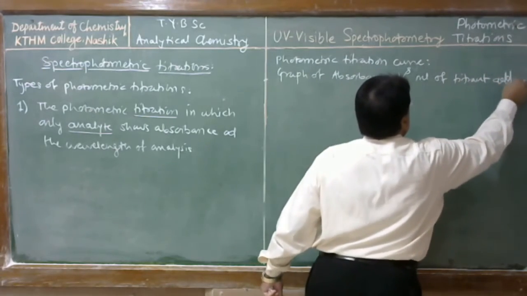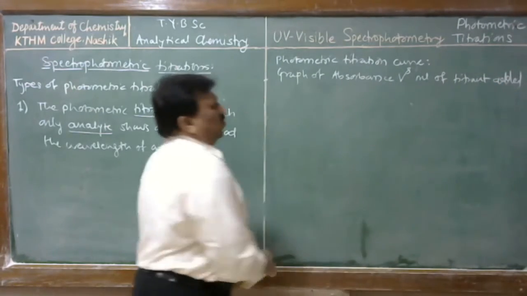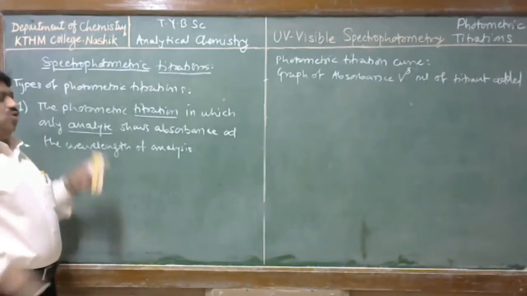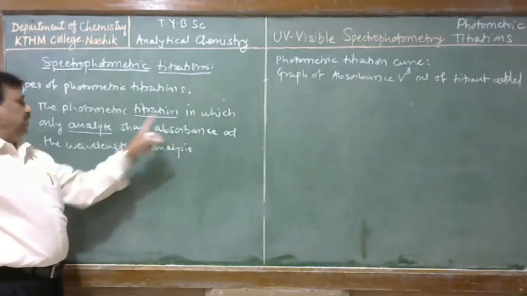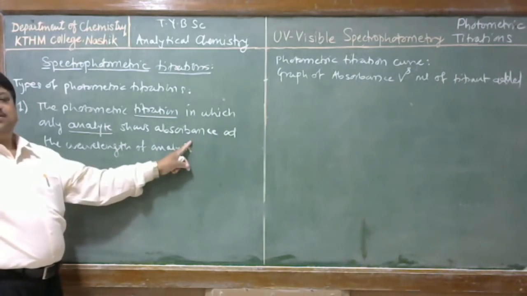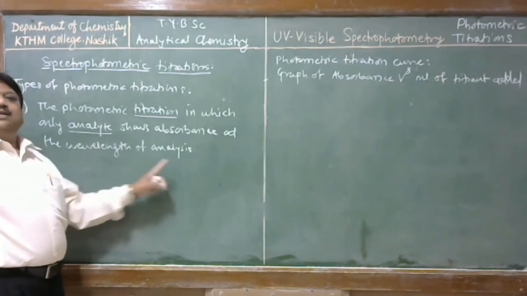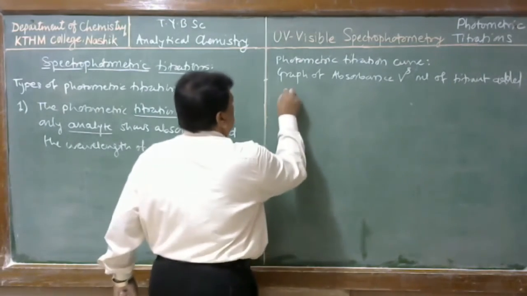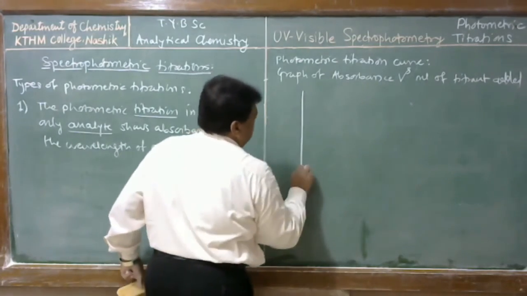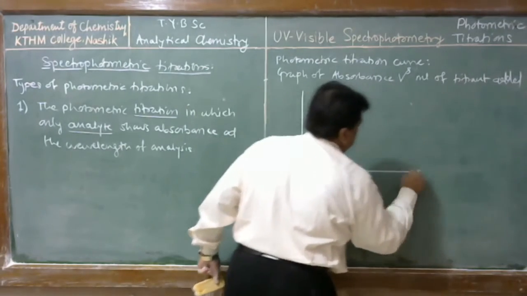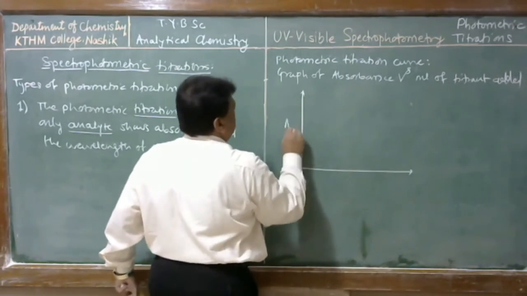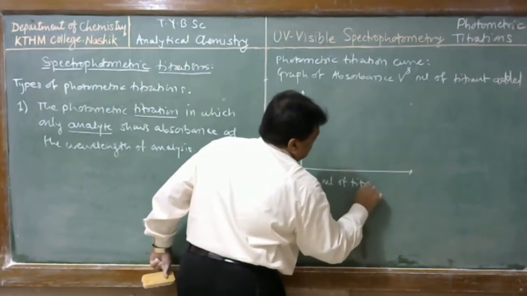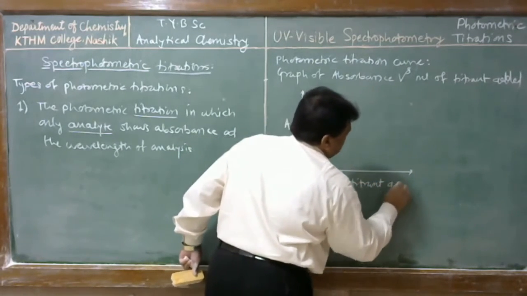This graph is called a photometric titration curve. Now, for the first type of photometric titration, in which only the analyte shows absorbance while the titrant and reaction product do not, the nature of this titration curve is like this. Here, this is the absorbance as a function of ml of titrant added.